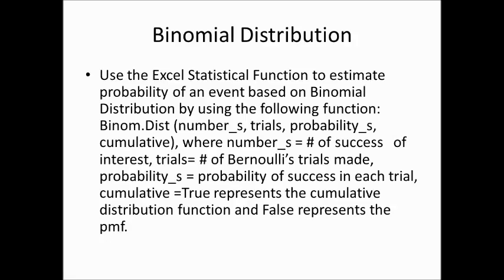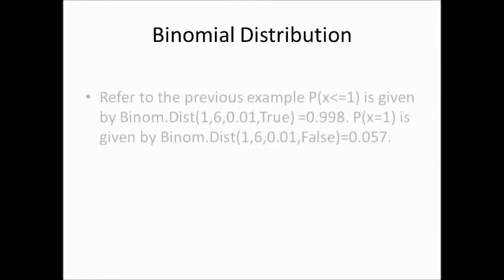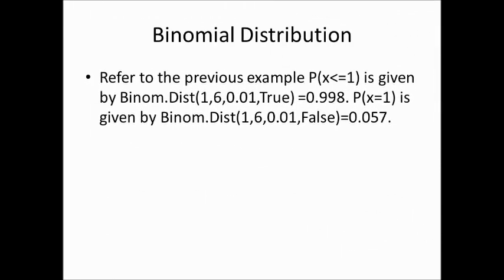Once again, if we set the 4th field cumulative as true, then you are getting the cumulative probability. If you set that as false, then you get the probability for a specific value of the random variable. So going back to the previous example, probability X less than or equal to 1 means we have 1 or less defective in the sample of size 6.